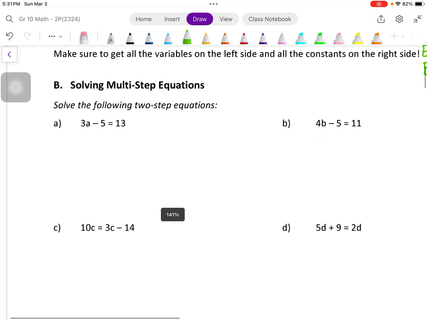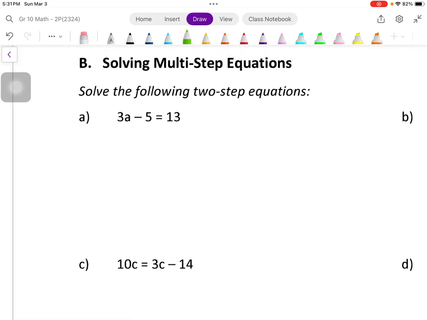So let's take a look at a few examples. Here we have 3a minus 5 is equal to 13. To isolate the variable, the letter a, I need to remove this 3 and this 5. The 3 in front of the a means a multiplication of 3, and the 5 is a subtraction.